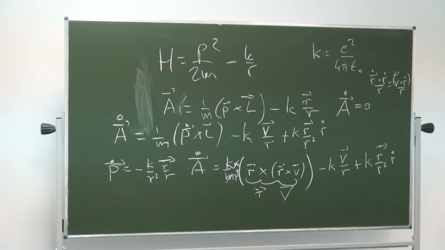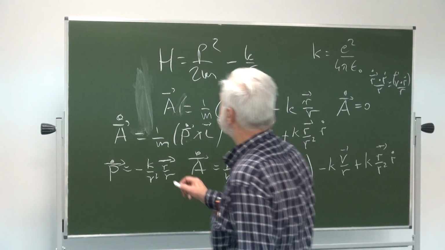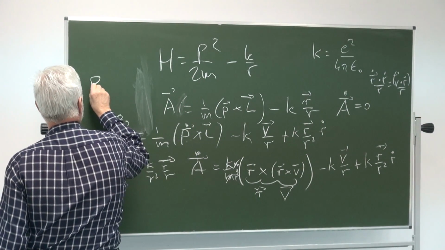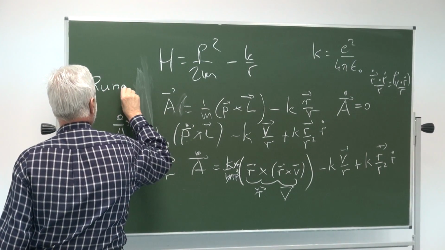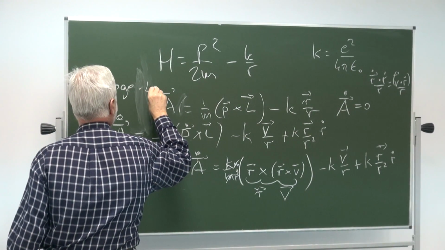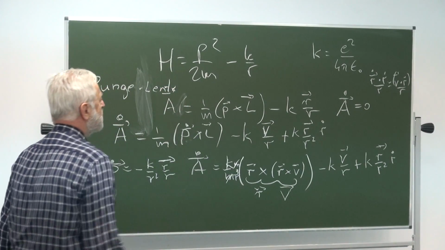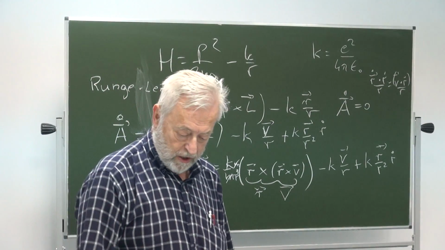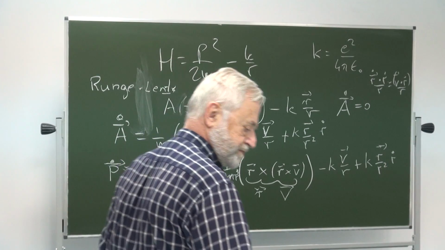So indeed, the Runge-Lenz vector is a constant of motion for the Kepler problem.